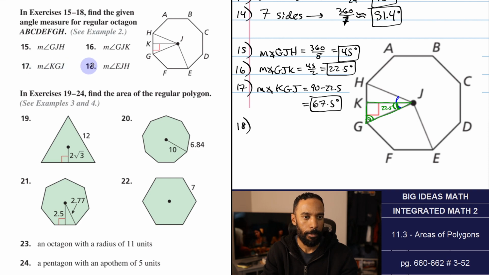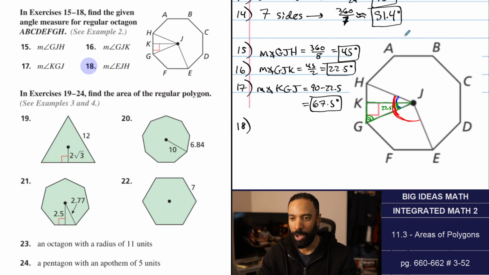Number 18, measure of angle EJH. Now, I'll be honest, it's unlikely you're going to be doing a lot with an angle like this when it comes to finding areas of polygons, but they're trying to see if you know what's going on within this figure, I suppose. So EJH, take a look. This is a radius, this is a radius, this is a radius, this is a radius.